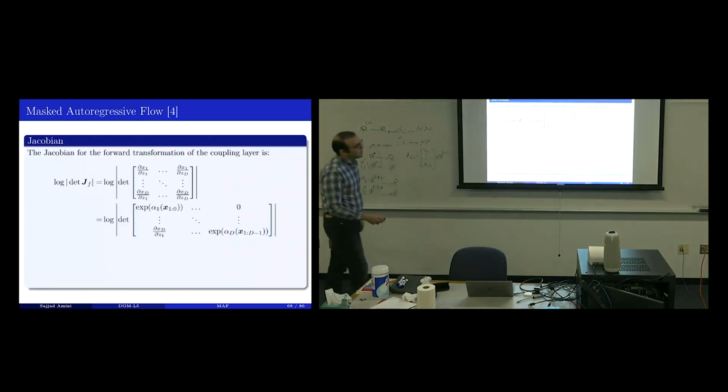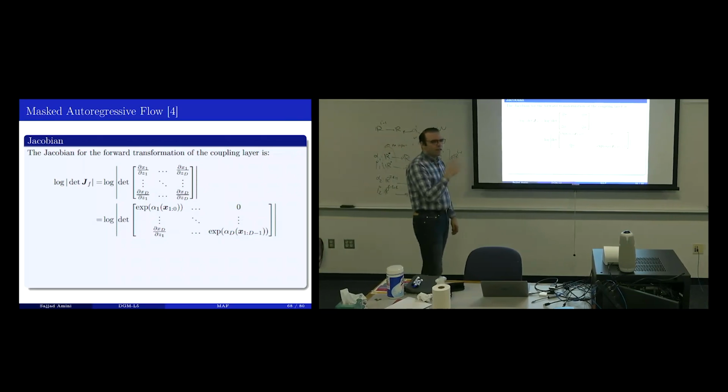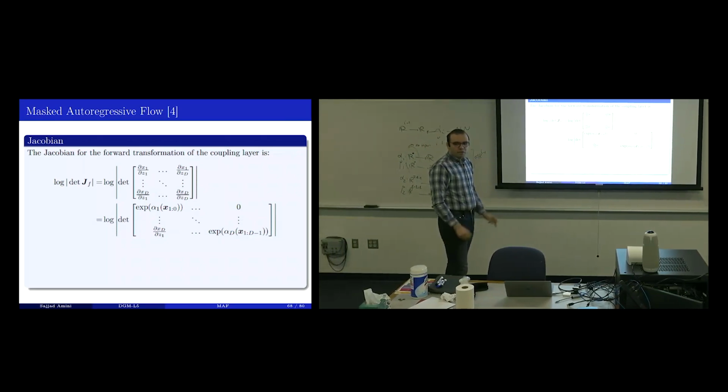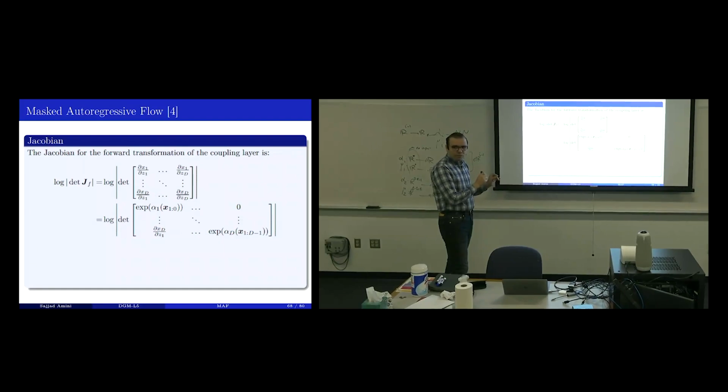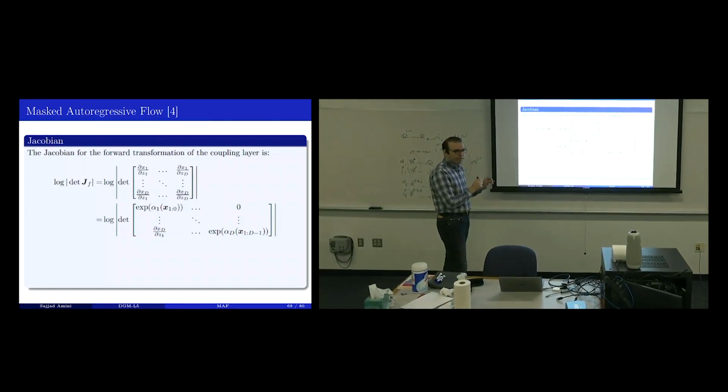This results in a Jacobian where it is lower triangular and makes everything simple. Why? Because you can easily calculate the determinant using the multiplication of the diagonal elements. So the autoregressive property plays an important role here to simplify the determinants.